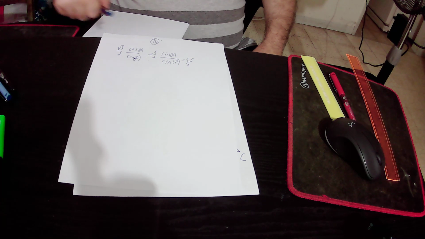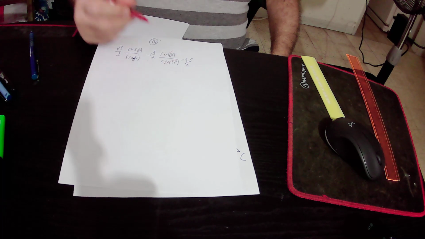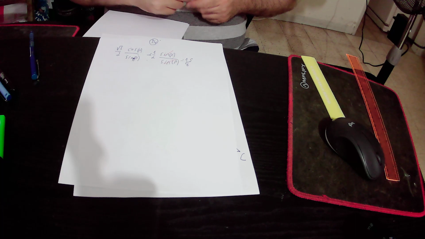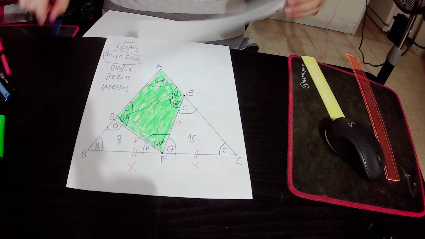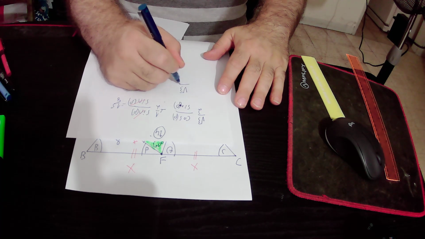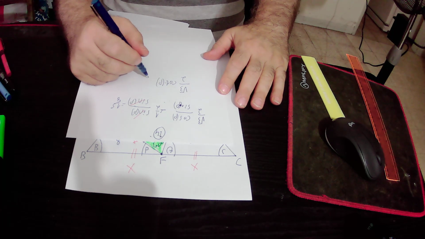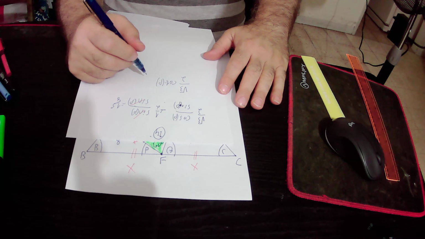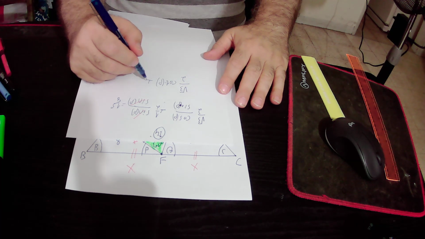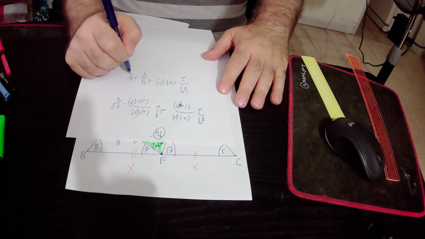Here sine P over sine P is 1, so sine P is cancelled, and cosine P over sine P is cotangent P. So in total we will get that root 3 over 2 times cotangent P plus, instead of 1 over 2, we write down 4 over 8 equals 15 over 8.